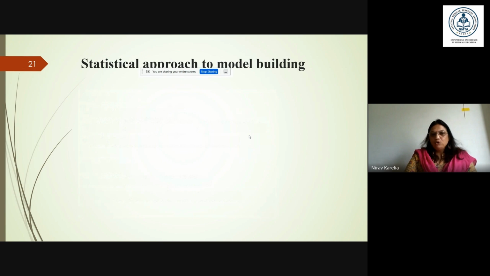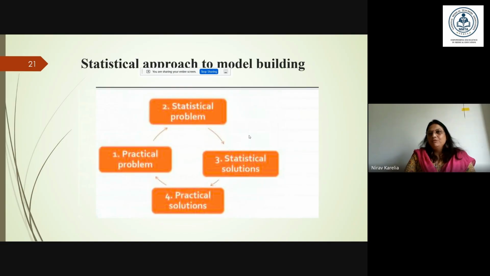Now, how do we approach model building? We have some practical problem. We observe the data, find some pattern, and identify the practical problem. Then we convert this problem into the form of a statistical problem, meaning you generate a hypothesis. Then, depending on the statistical formulation, you find a statistical solution.